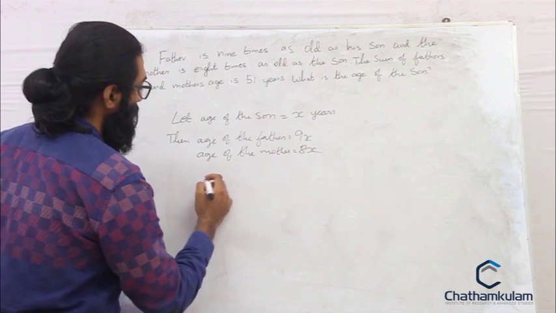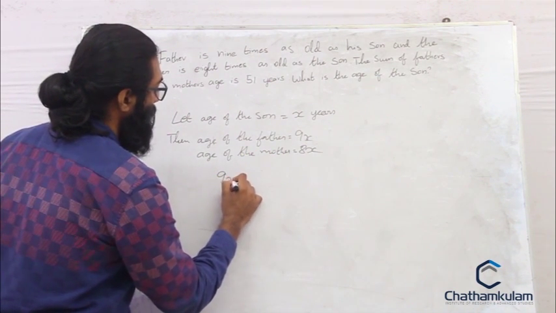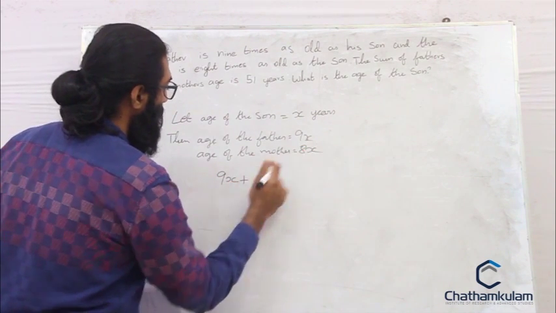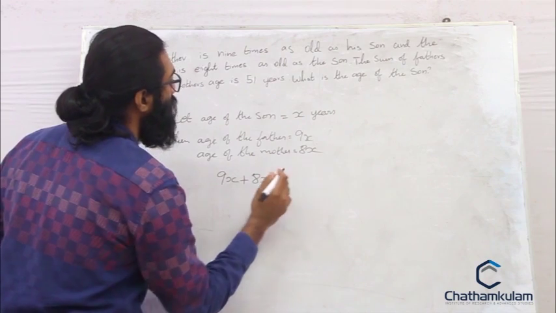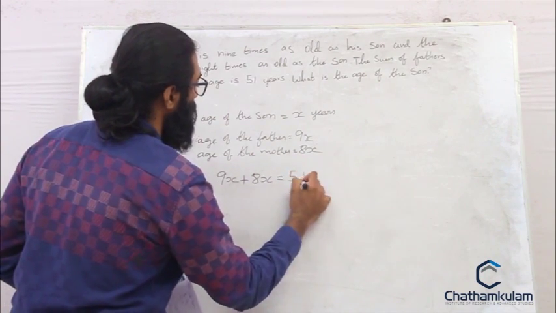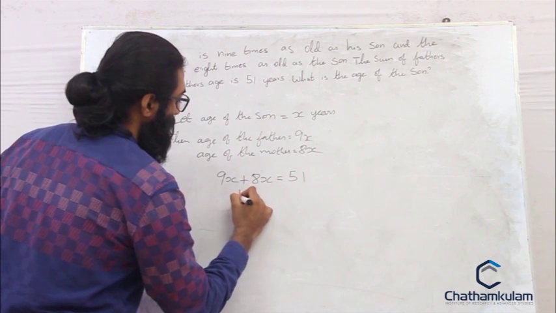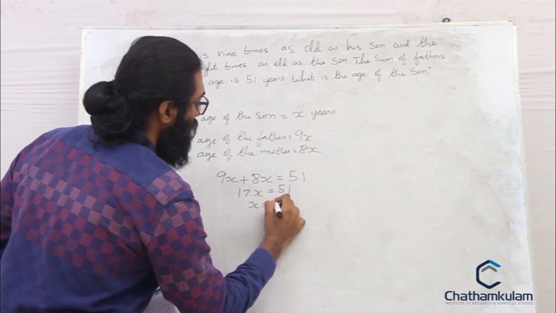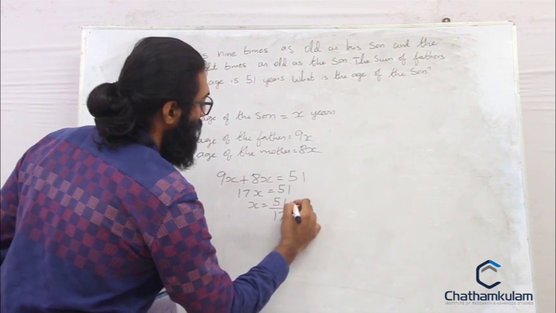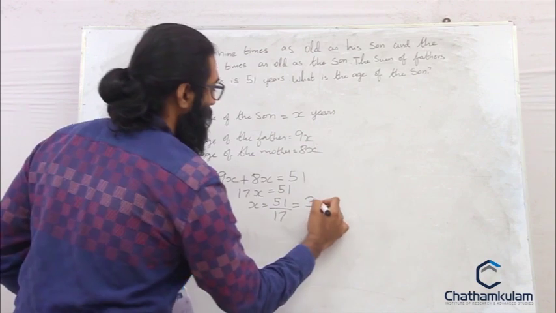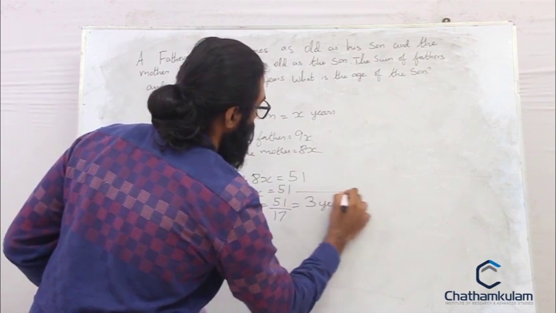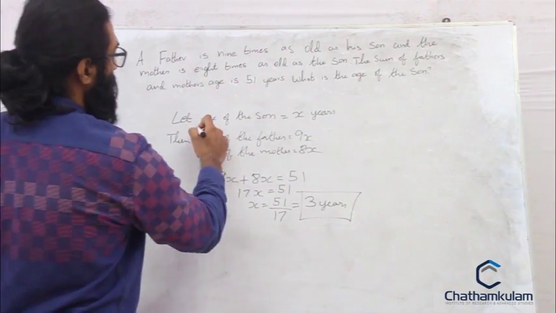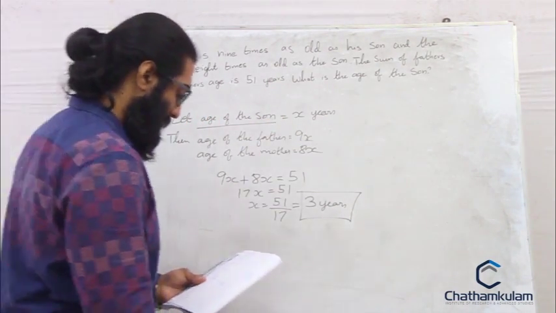So we can write this equation as 9x, that is the age of the father, plus age of the mother, that is 8x, is equal to 51. So we can write this as 17x is equal to 51, x equals 51 divided by 17 is equal to 3 years. So 3 years is the age of the son, that we have taken in the first case. So 3 is the answer here.